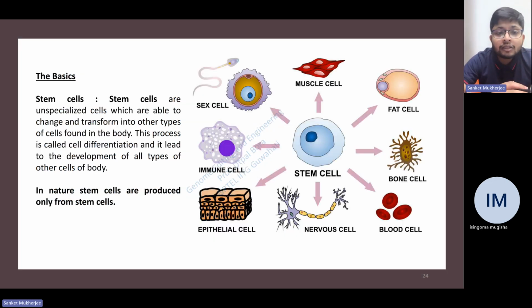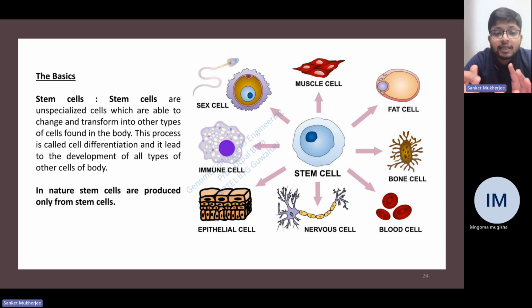Now, if we talk about the basics, stem cells, what are these? Stem cells are unspecialized cells, or rather undifferentiated cells, which are able to change and transform into other types of cells found in the body. This process is called cell differentiation, and it leads to the development of all types of cells in the body.